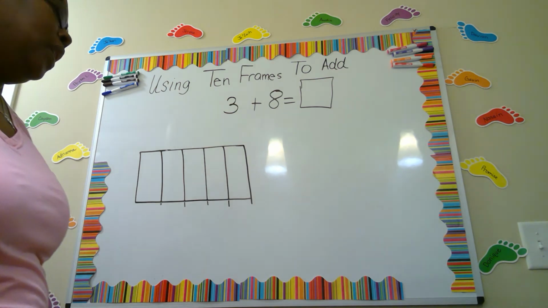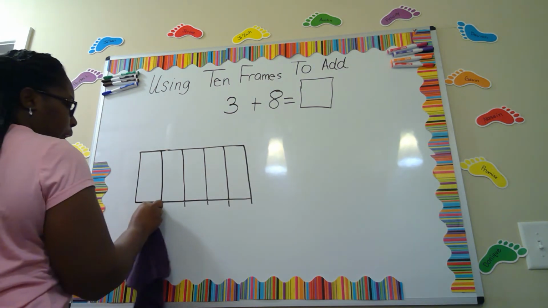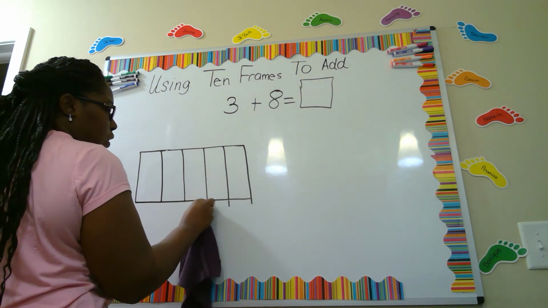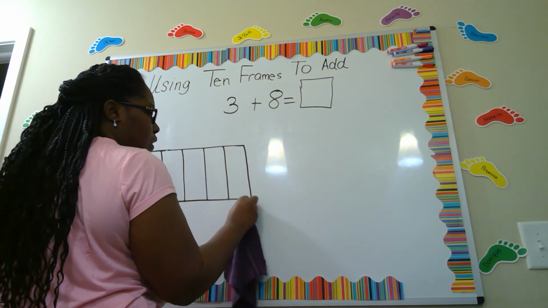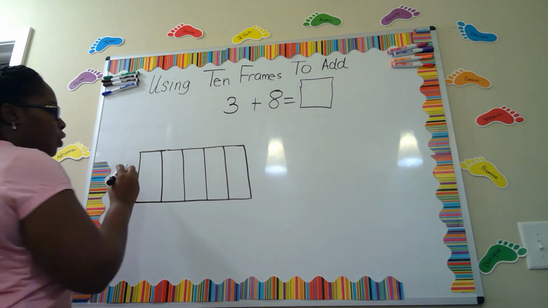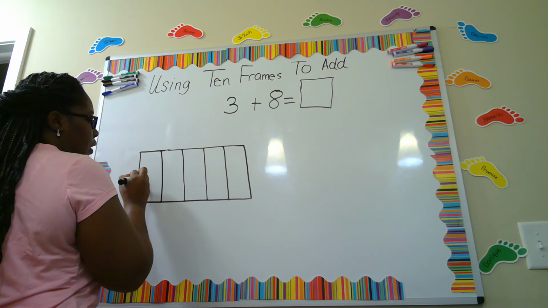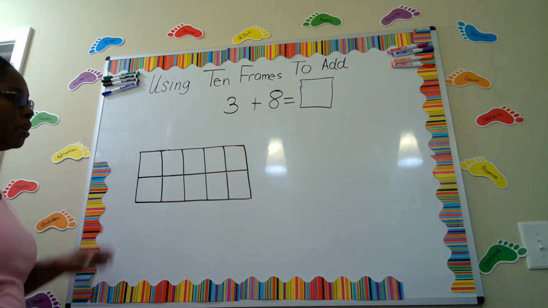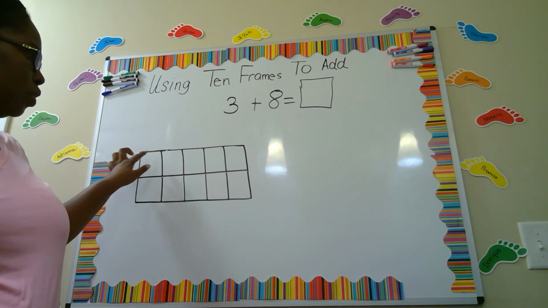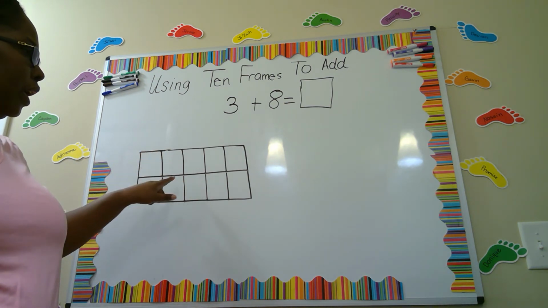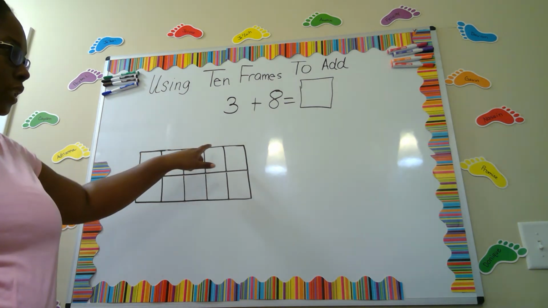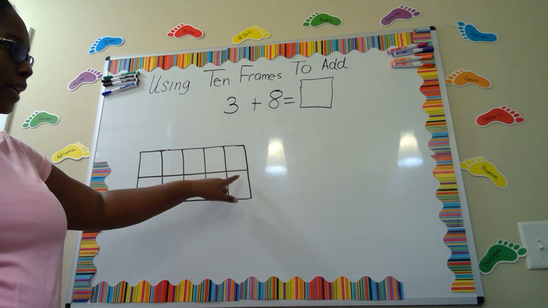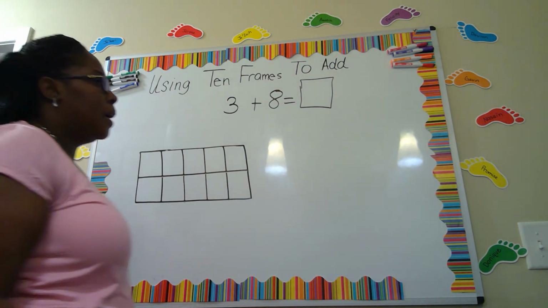And whatever is left over, you can just erase it. All right. Then you find your middle and draw a line across. So when you're done, remember, you should have 10 squares. 1, 2, 3, 4, 5, 6, 7, 8, 9, 10. Okay? Then I'm going to come over.